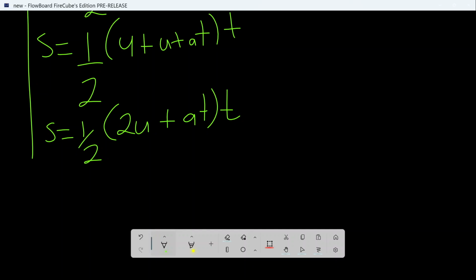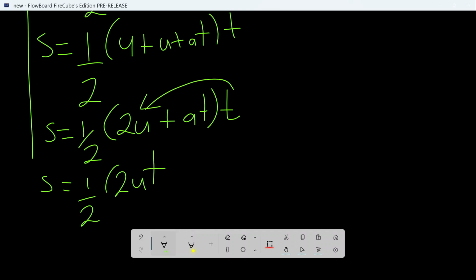So s will be equal to, now we're going to expand out that bracket. We'll have s equals a half of 2ut plus a, well, t times t will be t squared.